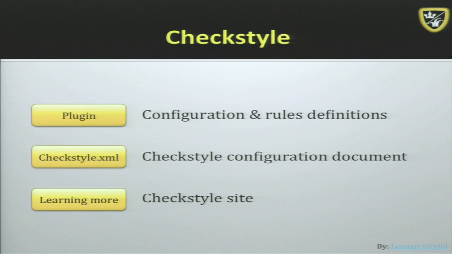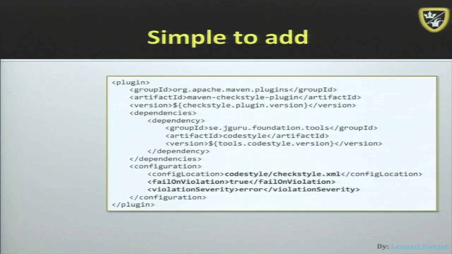Checkstyle. More people have configured and played around with this, so I'll be a bit briefer with it. It's just as simple as the Enforcer plugin to add to the build reactor. In this case, the checkstyle version, and it has a dependency upon the Codestyle project again. So the configuration for the checkstyle plugin resides in, you can see it over there, Codestyle/checkstyle XML.